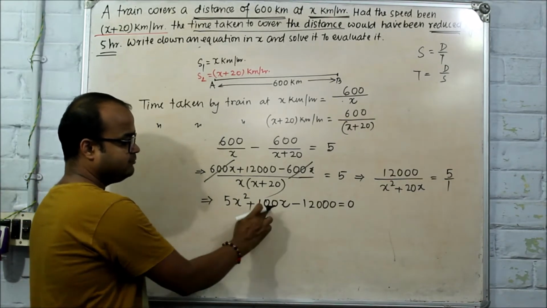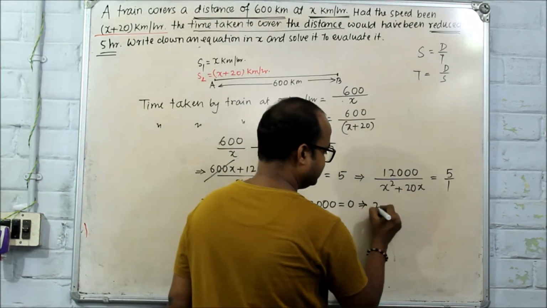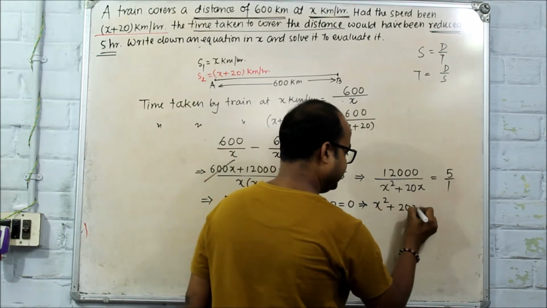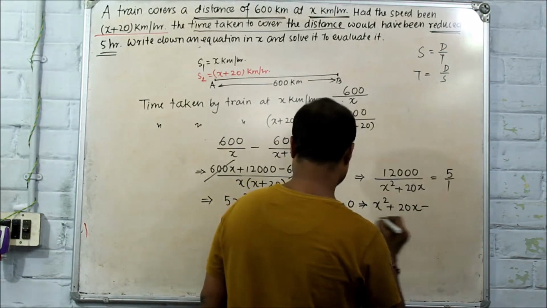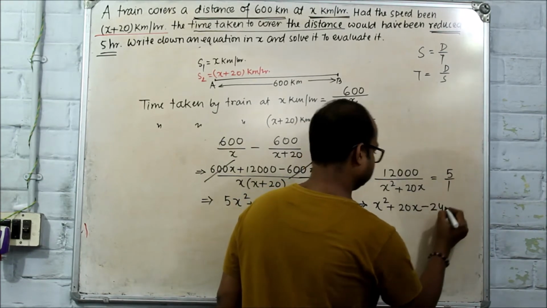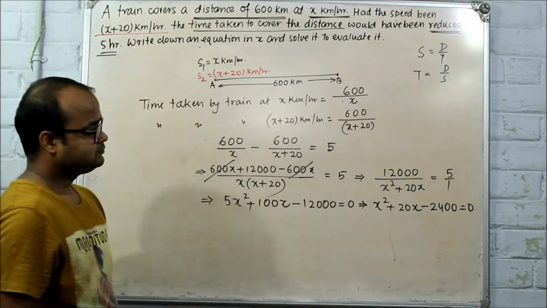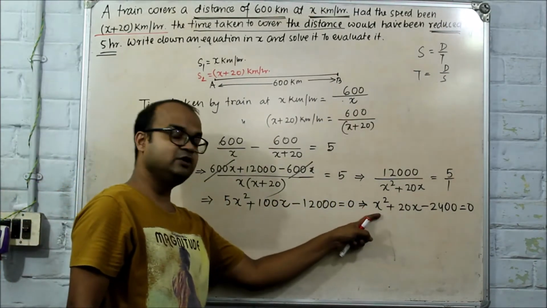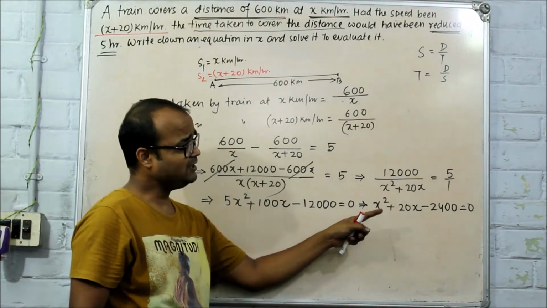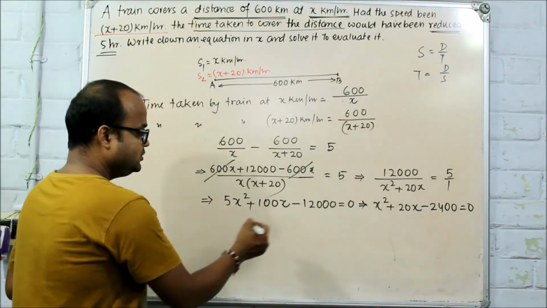Now, 5 is a multiple of each term, so we will take 5 common. We will get x square plus 20x minus 2400 is equal to 0. You can solve it by the factorization method or by the formula.